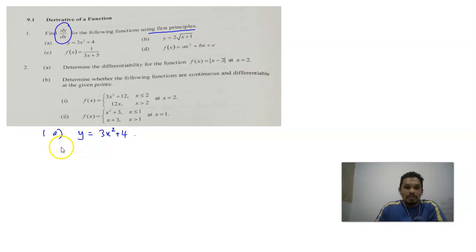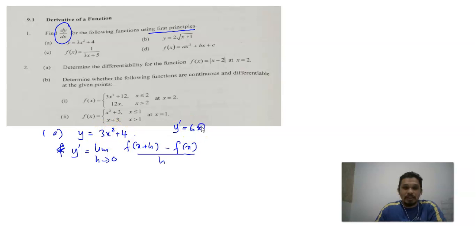In this question, we are going to find y prime or dy/dx using the first principle, which is the limit of h approaching 0 of f(x plus h) minus f(x), divided by h. We may write down here y prime according to this: 2 times 3 equal to 6x, and differentiate 4 equal to 0.